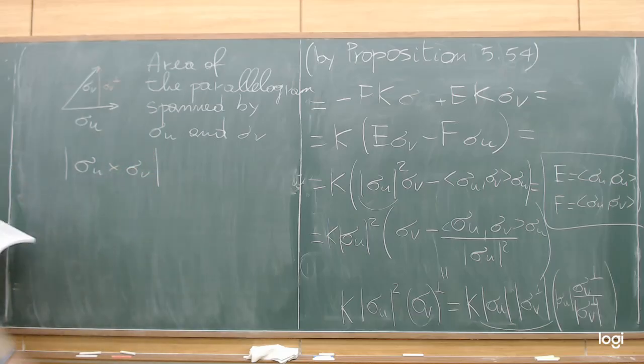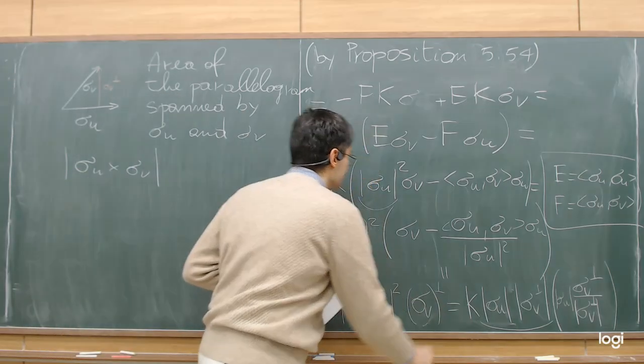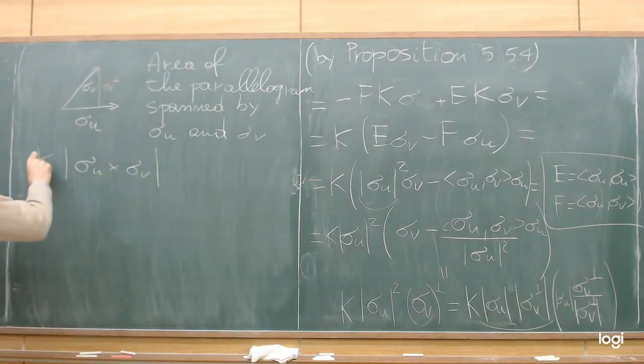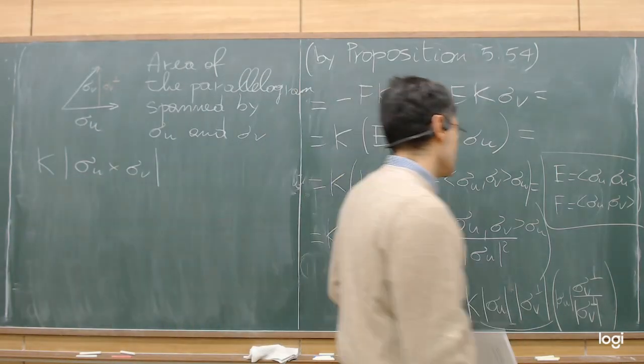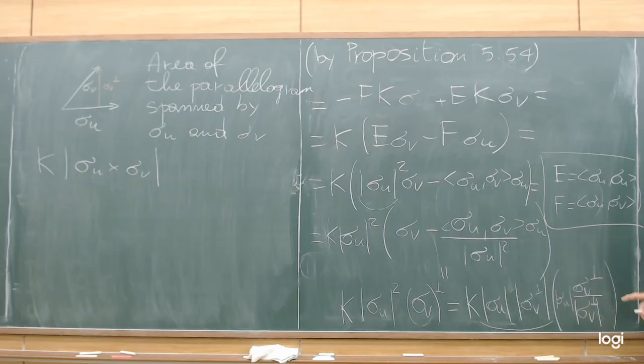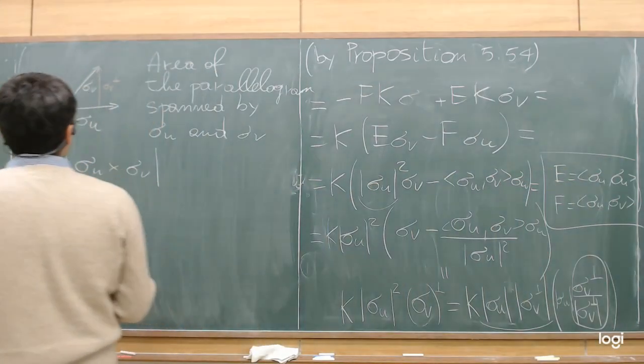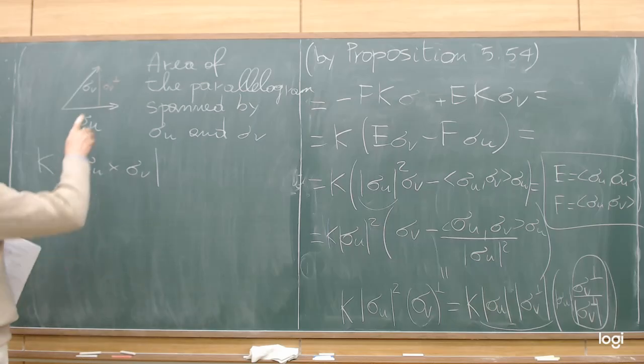Then I have to multiply by k on the left, and it remains to understand what this is. It is clear that this is a vector of length 1 pointing in this direction.